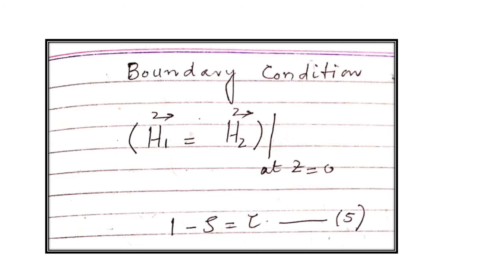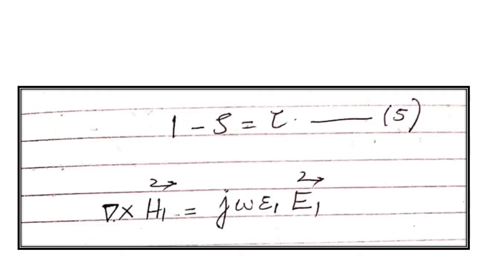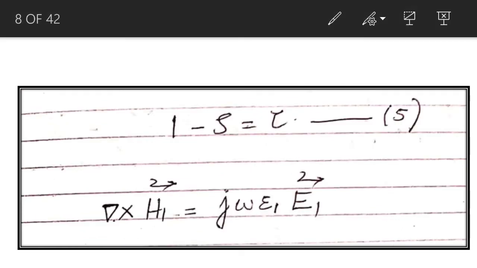We will apply the boundary condition to the electric field intensity of the wave. We know that whenever a wave travels from one medium to another medium, the tangential component of the electric field intensity will not change. However, the normal component of the electric field intensity will change. So let us calculate E1. In order to calculate E1, we consider this equation of Maxwell.